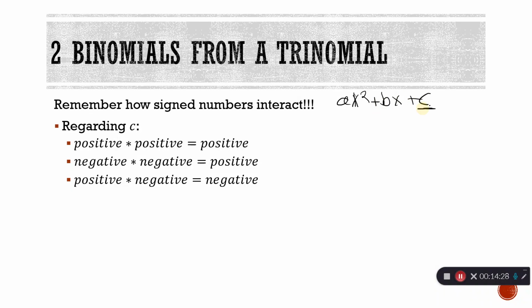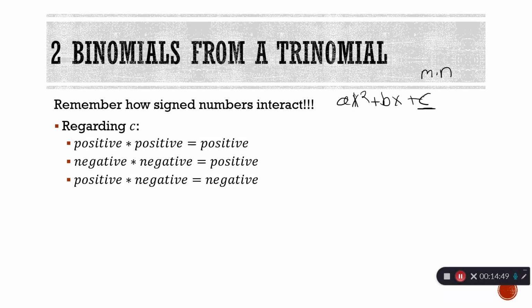So when you're looking at C, don't forget that C is m times n. Positive times a positive is a positive, and negative times a negative is a positive, and a positive times a negative is a negative.